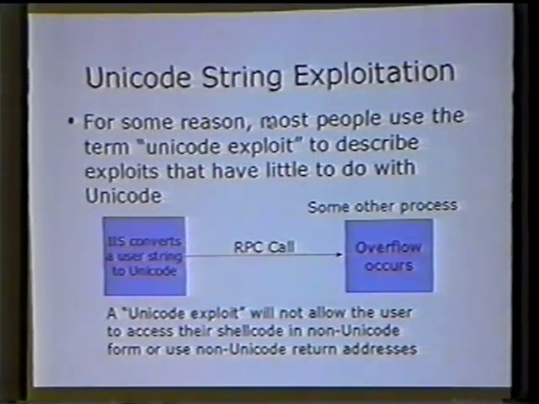But in reality, a true Unicode exploit, and this is going to be very common as you find exploits in DCOM, is that you'll get some sort of thing, in this case any process taking in an ASCII string. It's going to take a native string in, and say, OK, now that I have it, I need to give it to somebody else. And it's going to send it across with an RPC call to some other process, or even itself.